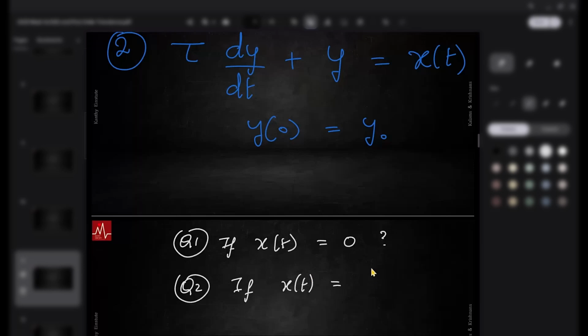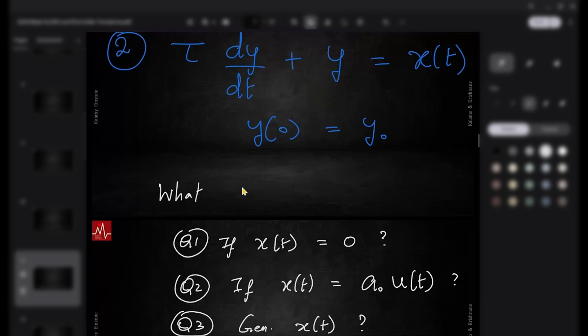If there's a step, let's say a0 u(t), what happens? Okay, Q3, general x(t), what happens?